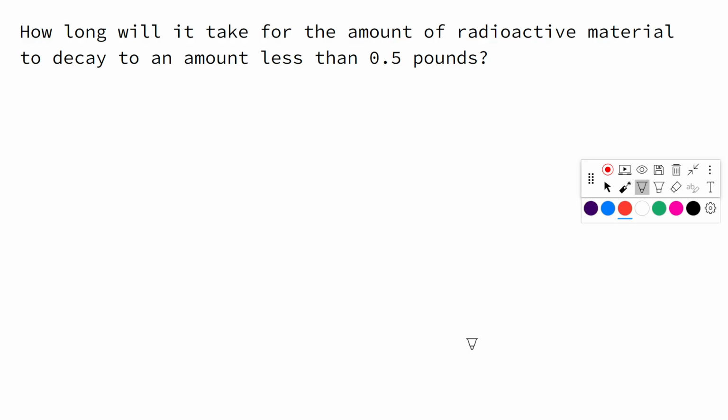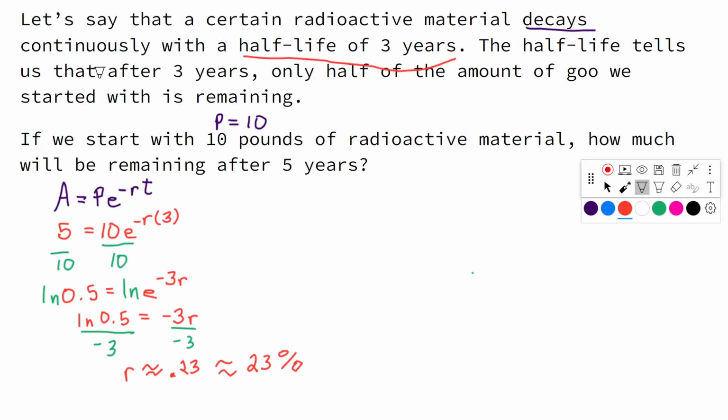How long will it take for the amount of radioactive material to decay to an amount less than 0.5 pounds? Well, we're going to use that rate, and I just remembered I didn't finish the previous problem. So let's go back. Let's pause. Sorry about that. We haven't found the amount remaining after 5 years, so we're going to use this rate, we're going to use the 10, and 5 is going to be our t value to finish this problem.